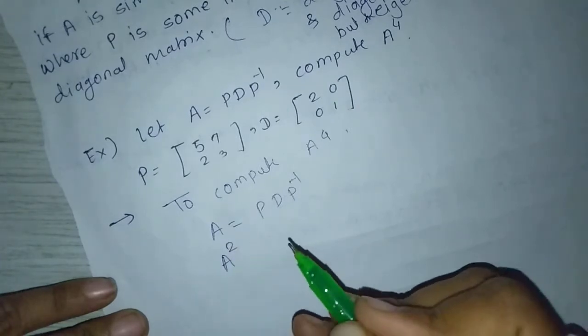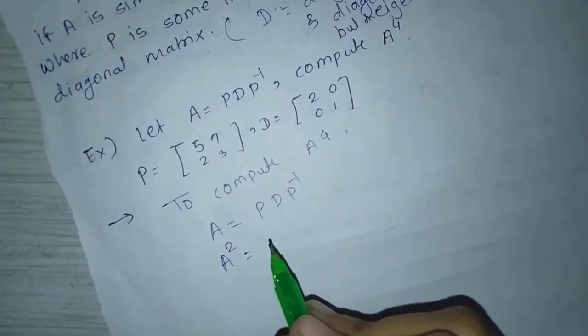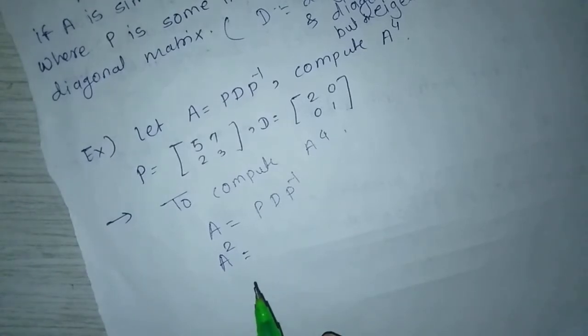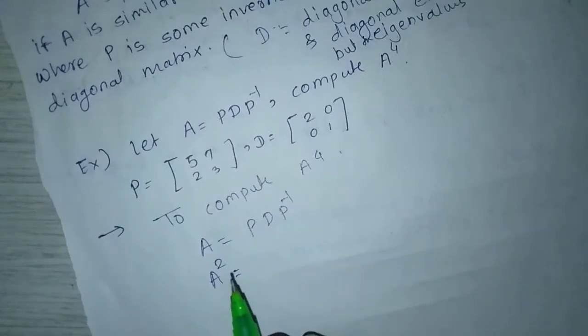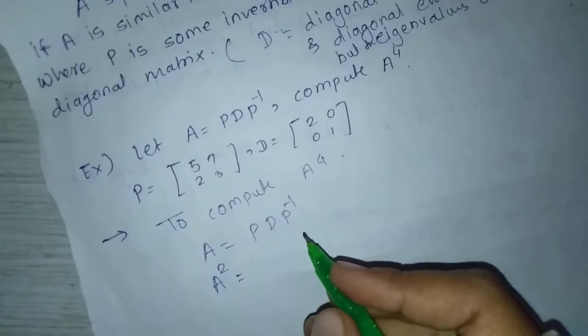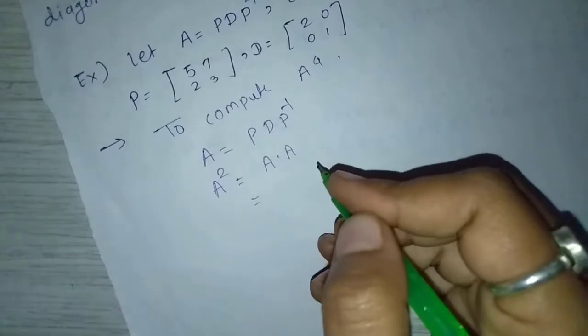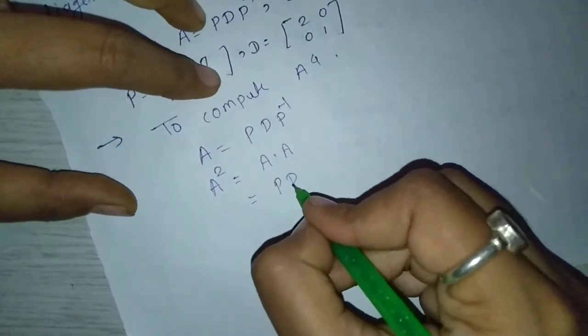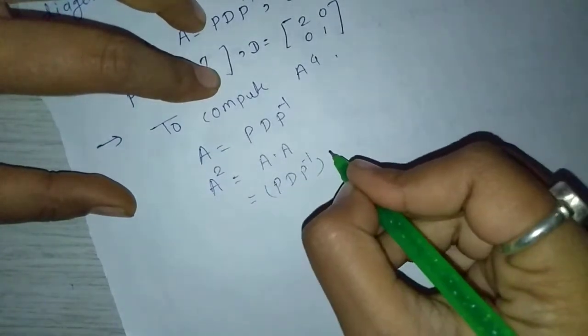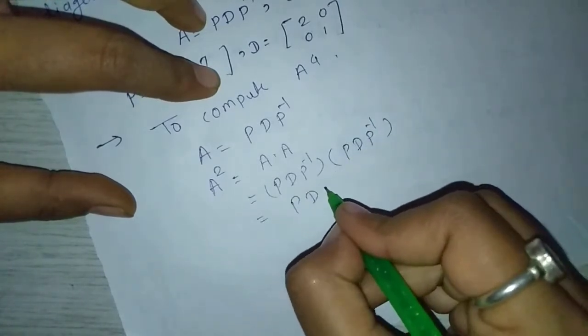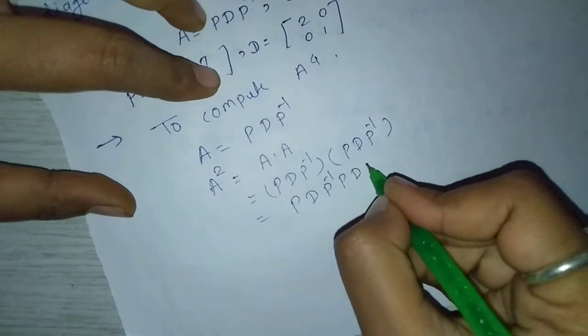A square means A into A, into PD P inverse. A is PD P inverse, and again here A is PD P inverse. So PD P inverse, PD P inverse.